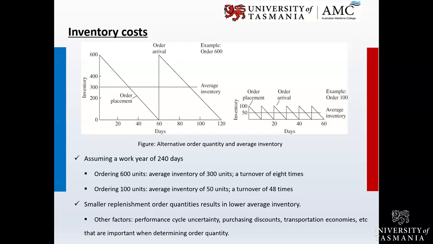The minimum level of inventory in the left figure is 0, and the maximum is 600. So you can calculate the average value of 0 and 600. So it is 300. It is the average inventory level.